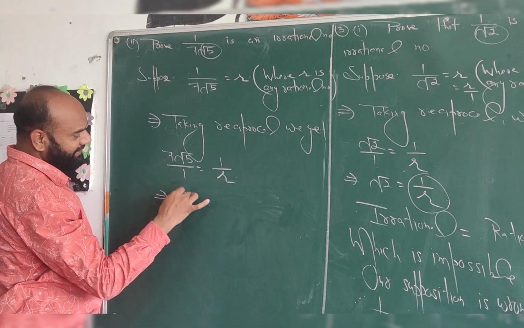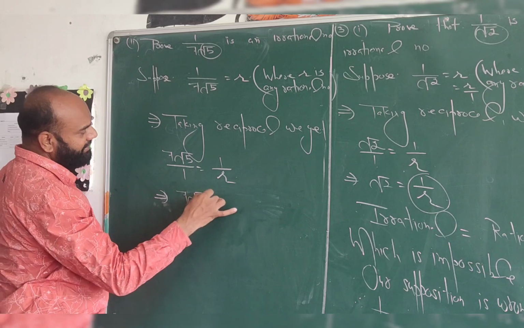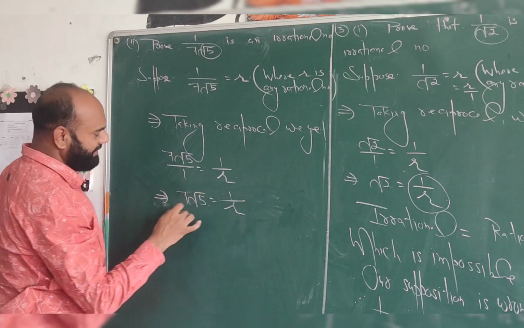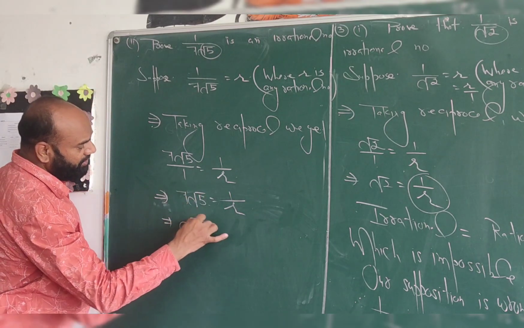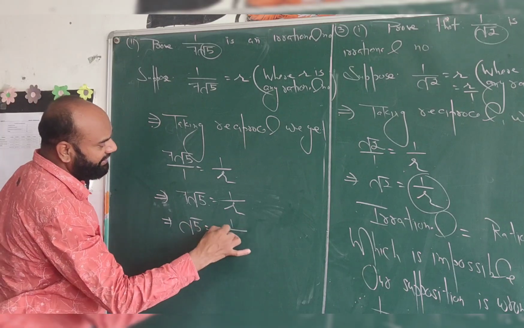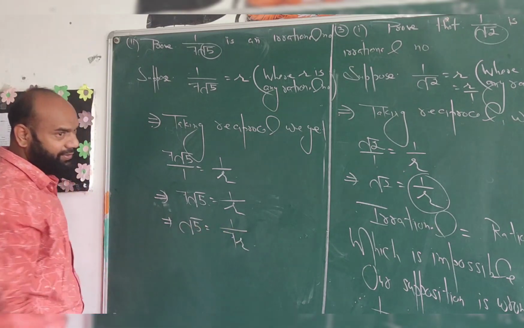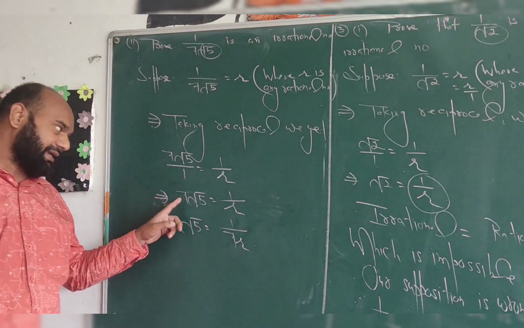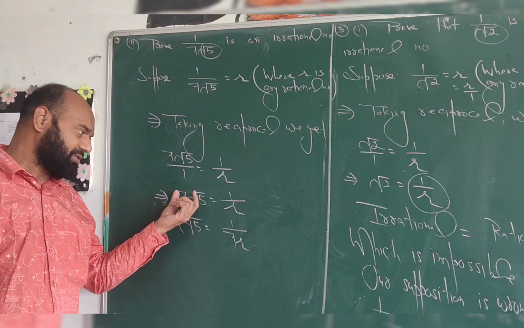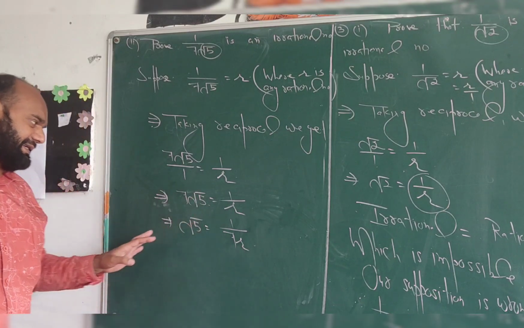This implies 7 root 5 is equal to 1 by r. This implies root 5 is equal to 1 upon 7r, because 7 is multiplied on the left hand side, so we divide on the right hand side.